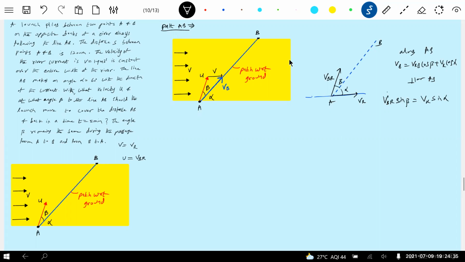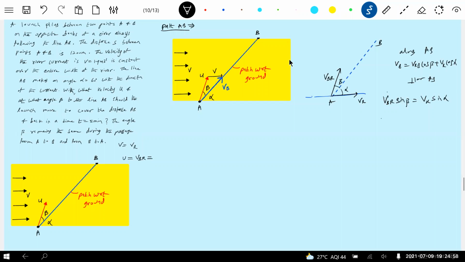VBR, how much is VBR? With what velocity U? This is the unknown thing. What is VR? VR is 1.9. Alpha is 60. So let me substitute here.